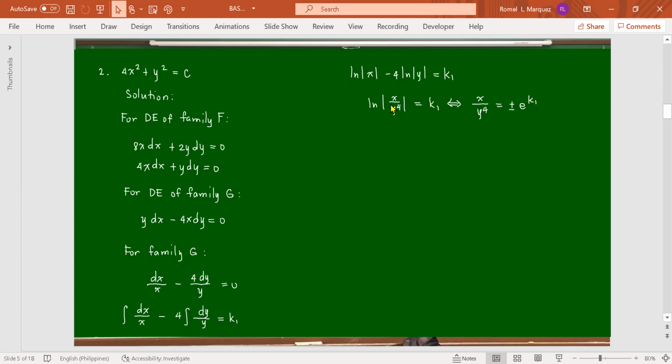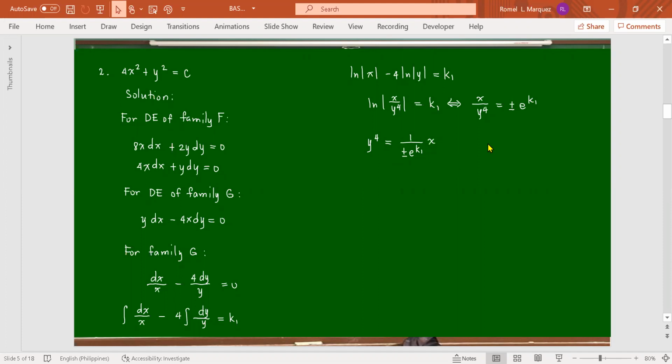So absolute value of x over y to the 4th is equal to e to the k1. Upon removal of the absolute value on the left side, we have plus or minus on the right side. Let's solve for y to the 4th: y to the 4th is equal to 1 over plus or minus e to the k1, times x.